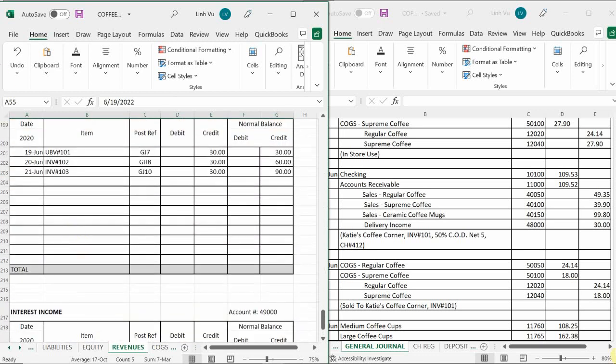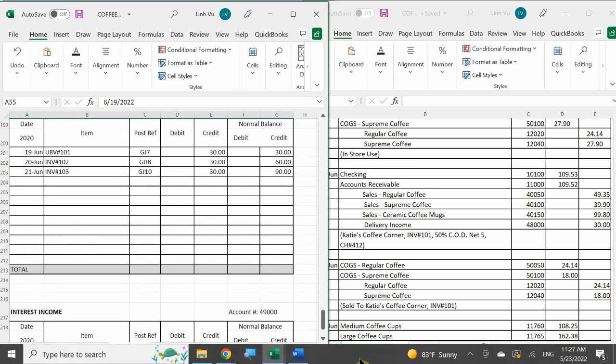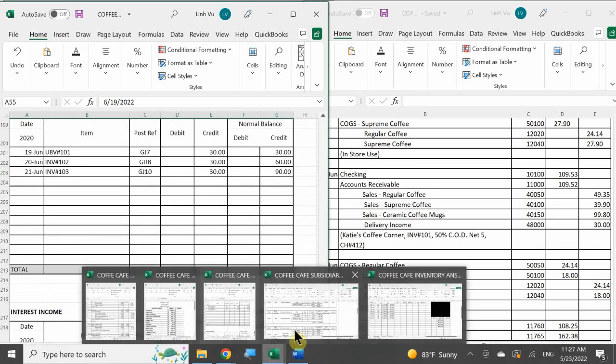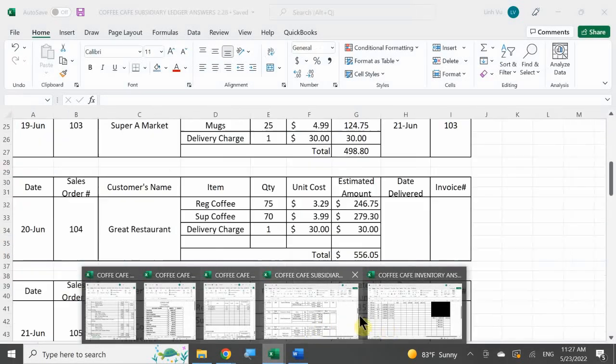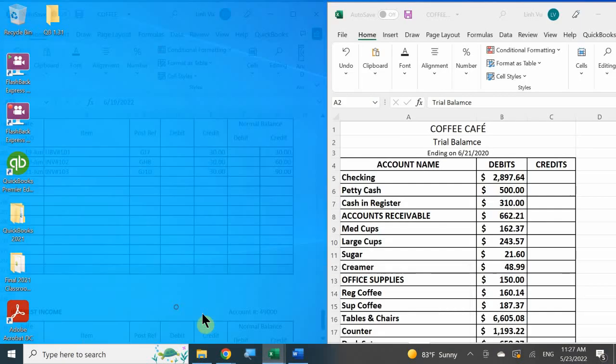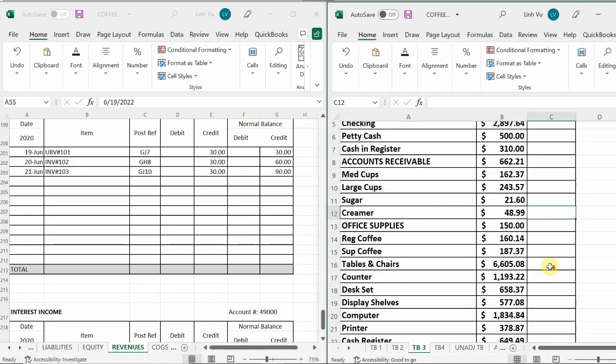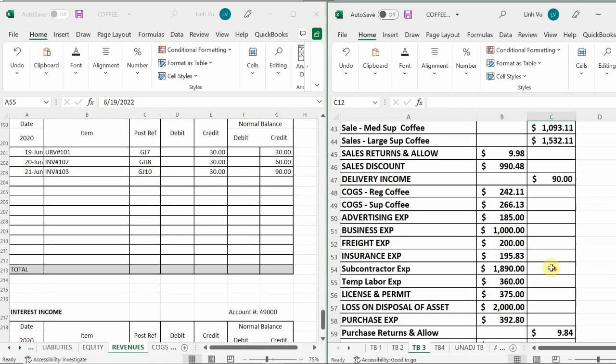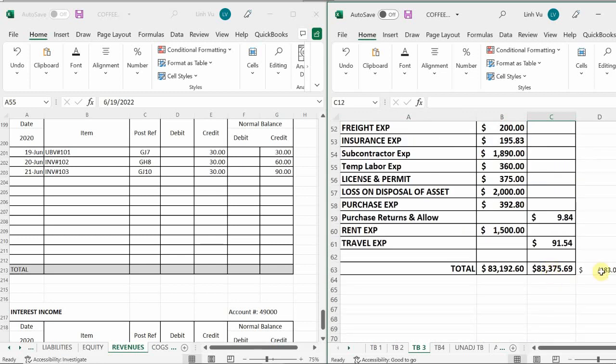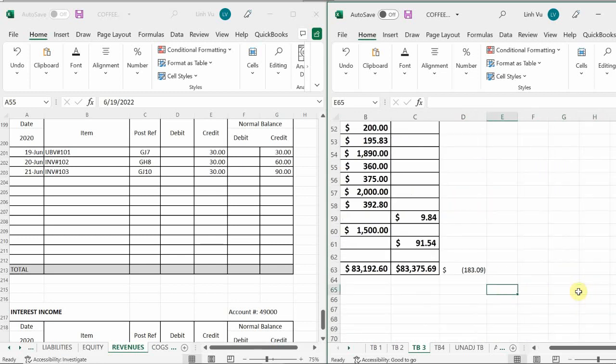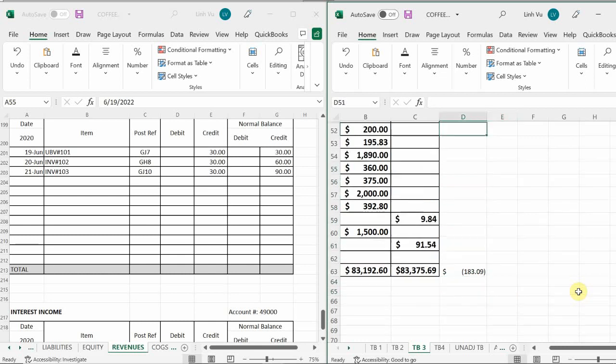So in this case, hold on. Let's take a look at my ledger one more time. So in this case, I'm showing that I'm either too much in my credits or too much in my sales by $183. So I might have too much in sales.